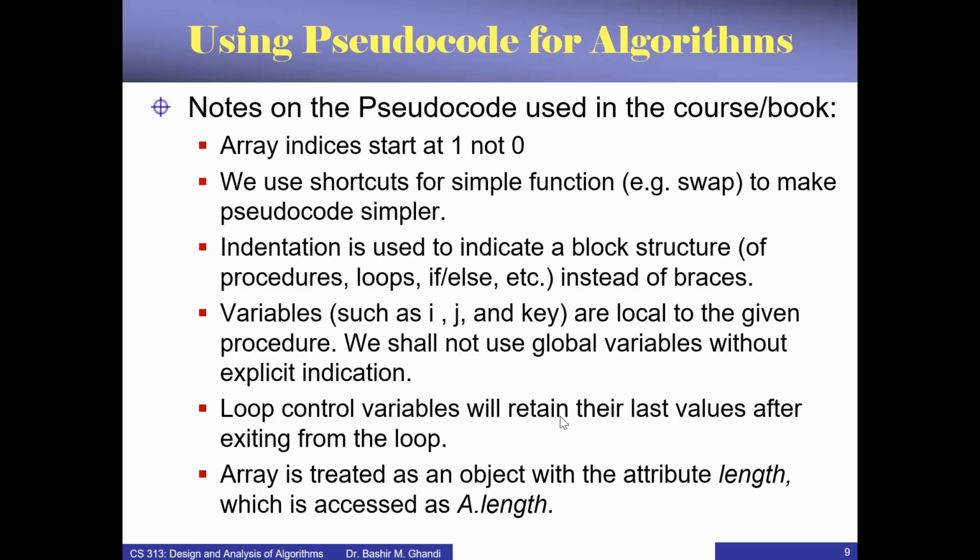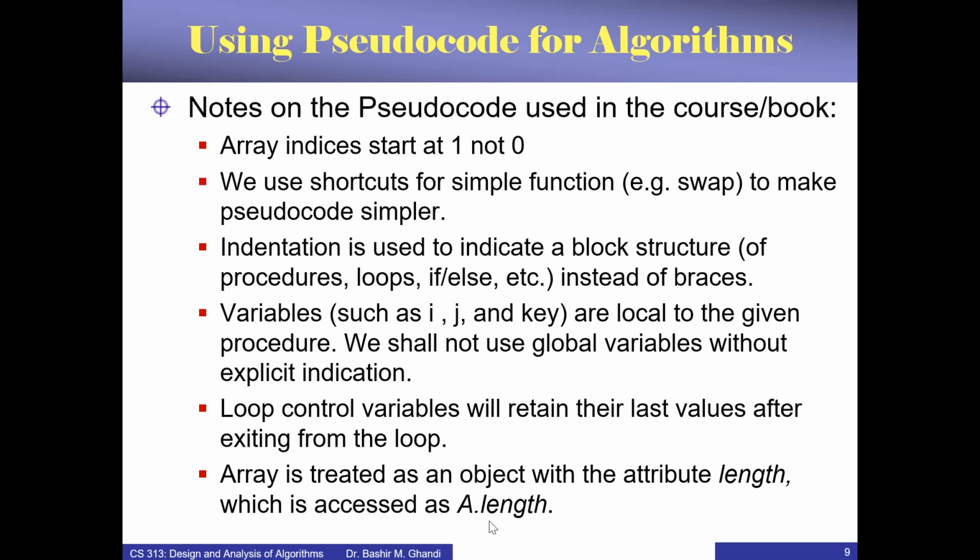So that's another point to note. And the last point to note is we're going to assume an array to be an object, and that object has attributes like length. So if we say A.length, we will get the size of the array. Okay, we will assume a similar thing when we come to linked lists and trees later in the course.